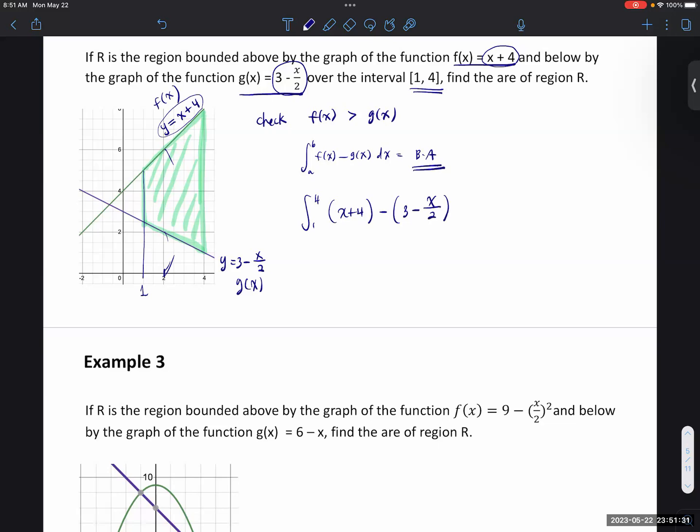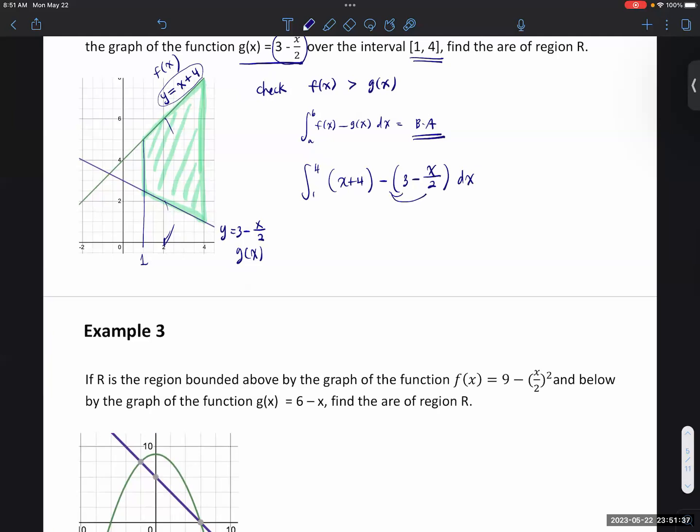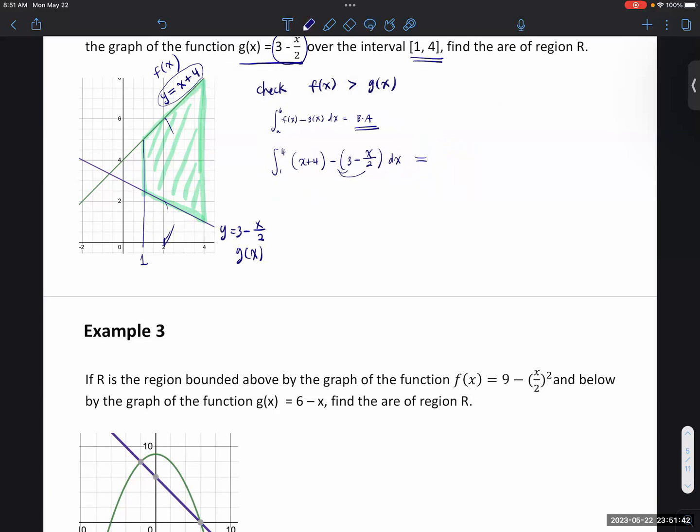This is f and g. We are going to take the integral. If you want, we can use the distributive property. So let me just minimize, and that is equal to the integral from 1 to 4 of x plus 4 minus 3, double negative changes to positive, x over 2 dx.